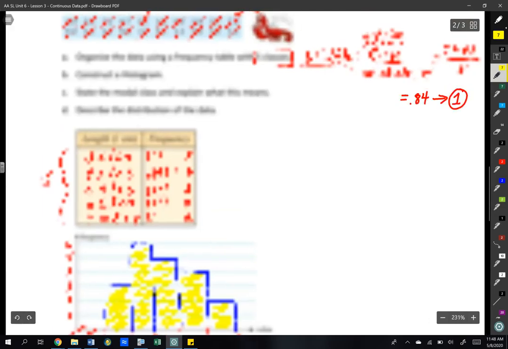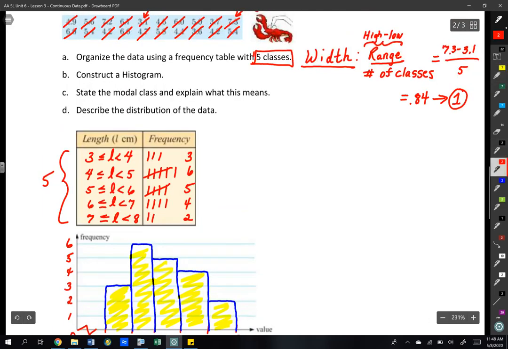All right, let's see what the problem is asking. Let's go back to our problem. It says, organize the data using a frequency with 5 classes. Done. Construct a histogram. Done. State the modal class and explain what this means. Well, our modal class can be determined by looking at the highest bar in our histogram.